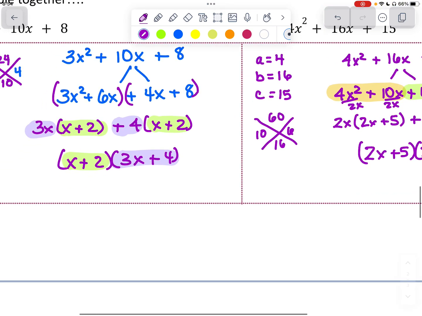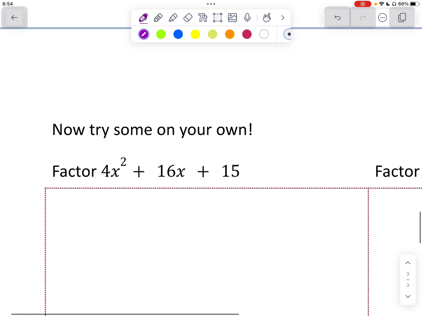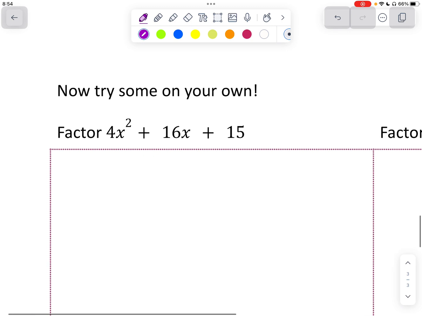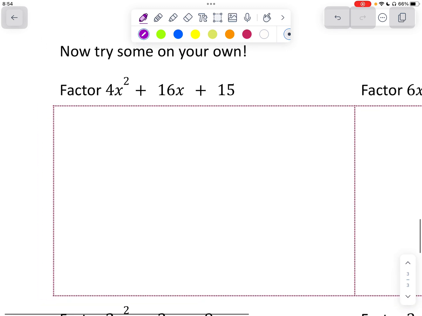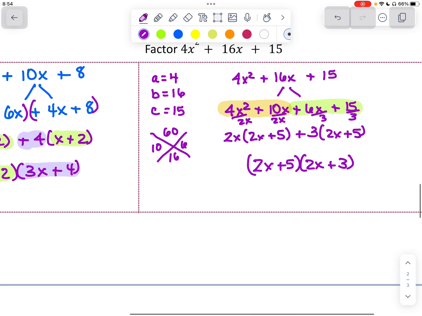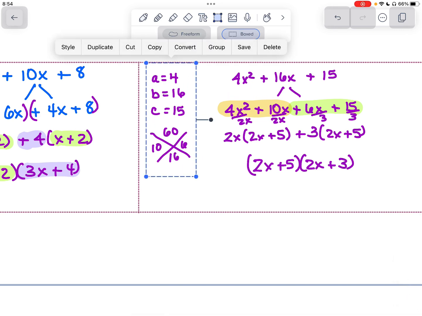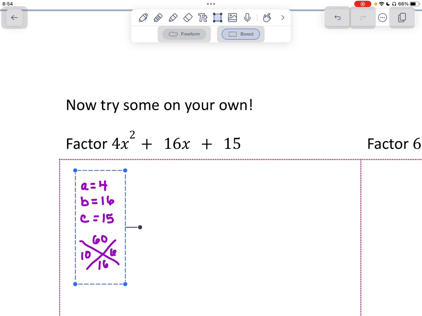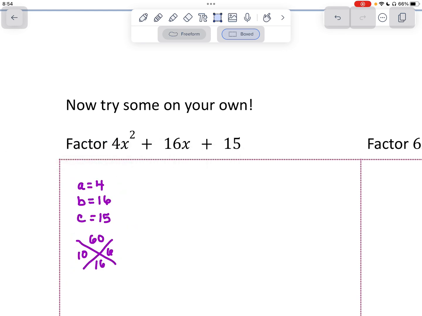Now the next one I'm going to do using the area model, because some of you might prefer that. It's exactly the same problem, so we'll just do the exact same problem like we did a minute ago. Going to start out exactly the same way. We look for two numbers that multiply to give us 60 and add to give us 16.